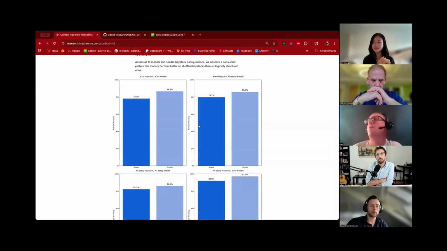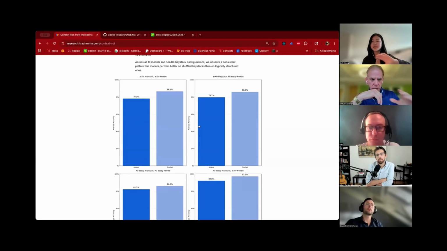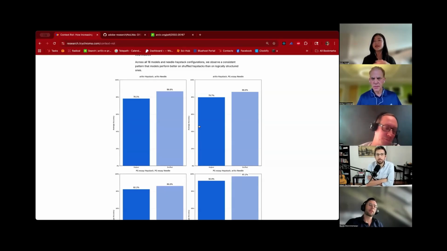But for this, it was really interesting, because we thought that having a logically sound haystack and then a needle in the middle would break the logical flow and therefore make it easier to stand out. But what we actually found was that if you have a needle in a shuffled haystack, we thought it would blend in more, but that actually made the models perform better.